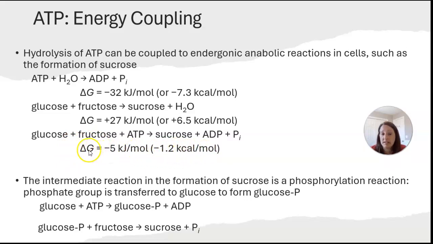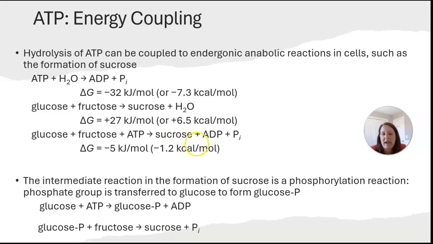As long as the delta G is still negative, that process can run. So we say we can couple the breakdown of ATP to the formation of sucrose. As long as that change in free energy is still negative, both processes can run. That's the math and the formulas behind it.